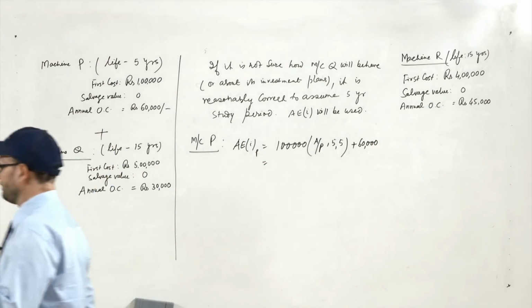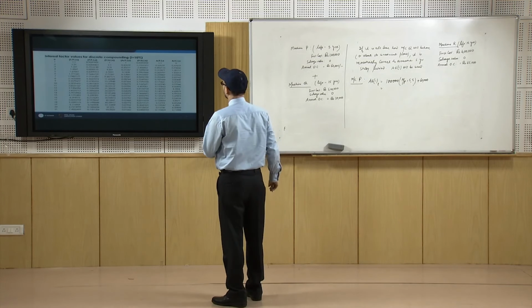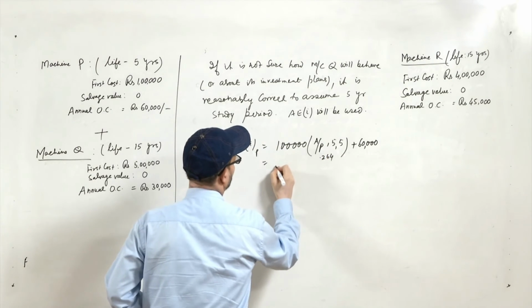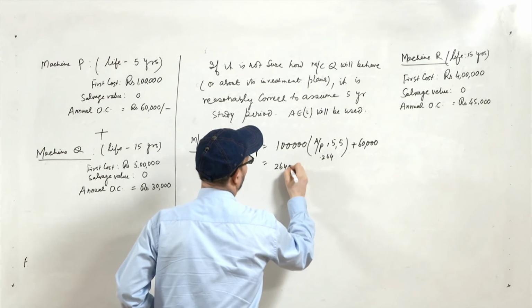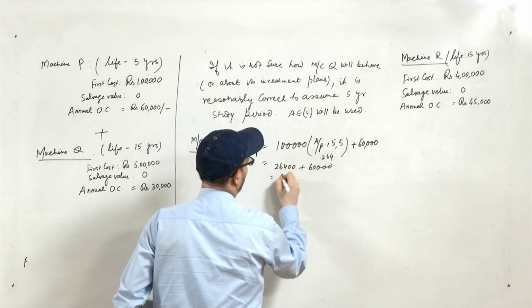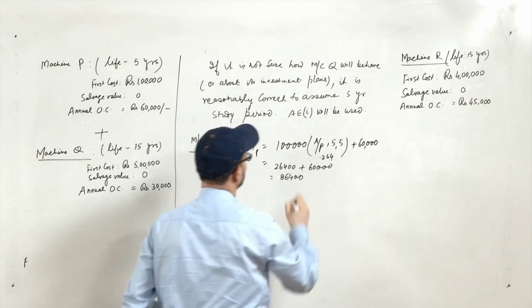So, A by P 55 we can see will be 0.264. So, it will be 26,400 plus 60,000. So, 86,400.